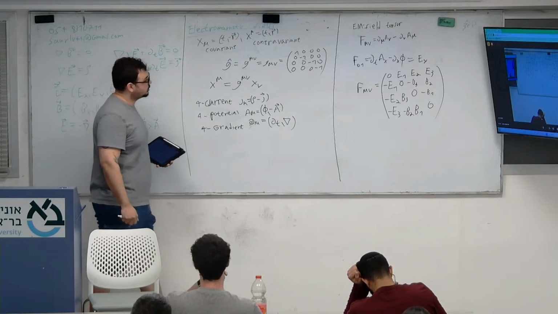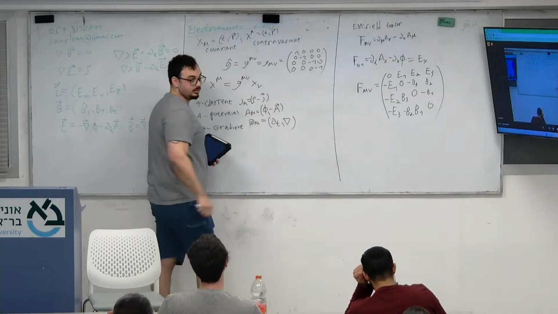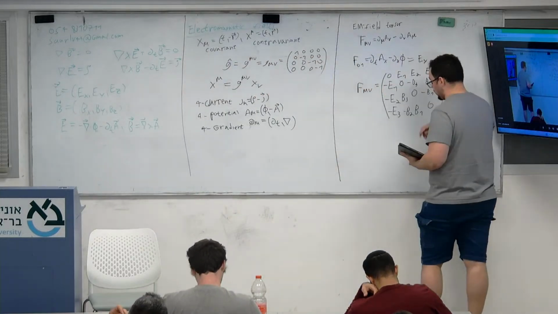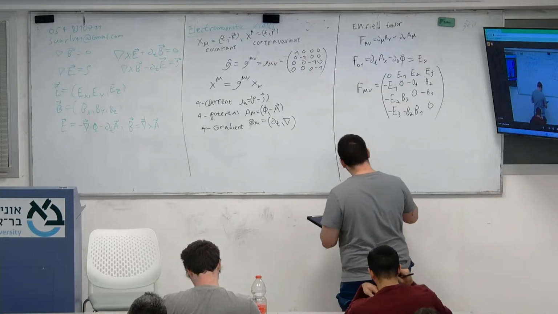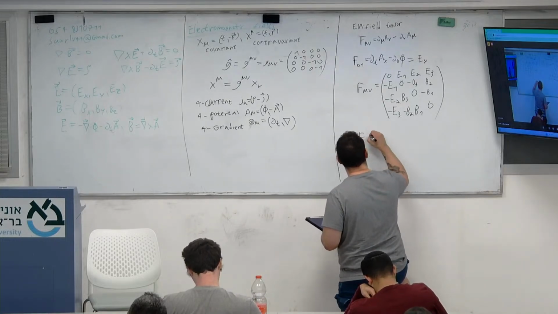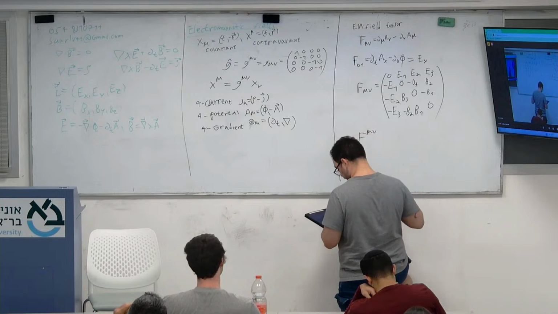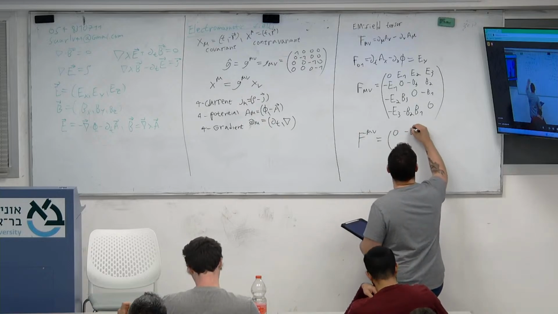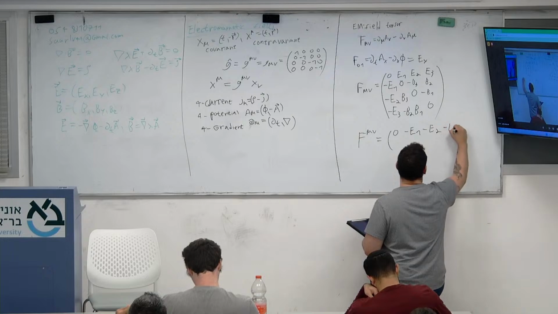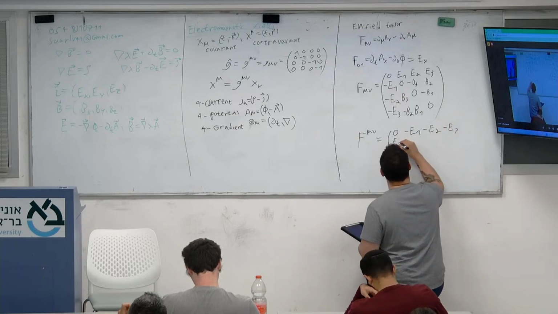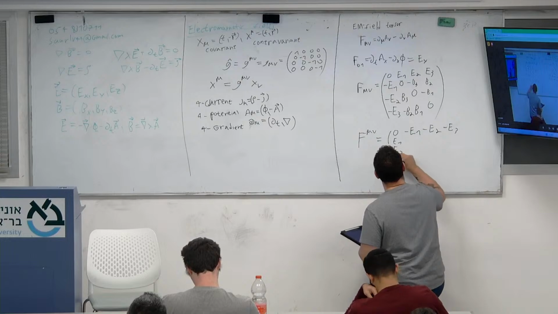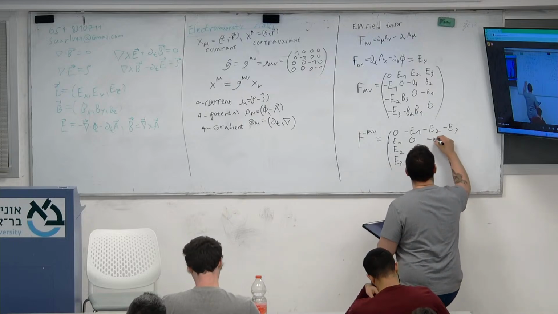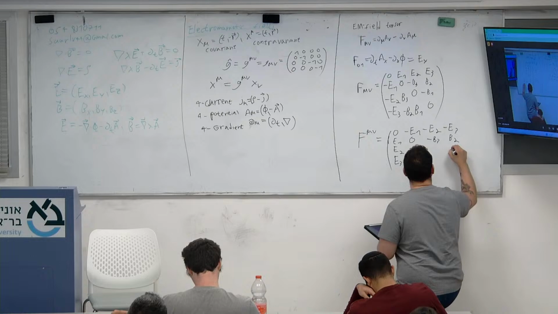Now I can also define the contravariant of our F matrix, of our covariant matrix, equal to 0, minus E1, minus E2, minus E3, E1, E2, E3, 0.